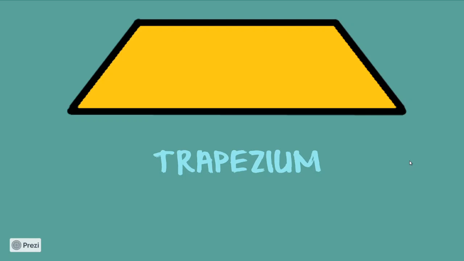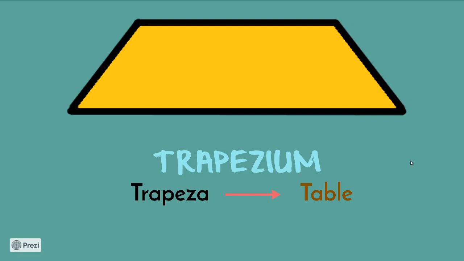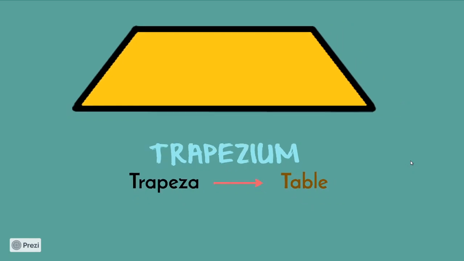Trapezium comes from the word trapeza, a Greek word. It means a table. Trapezium looks like a table, so probably that is the reason why it is named the table.